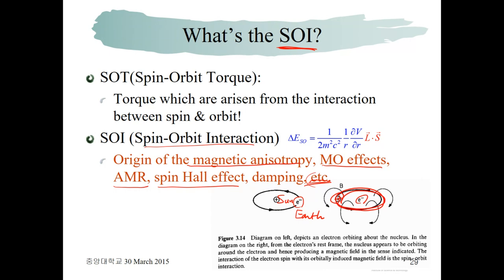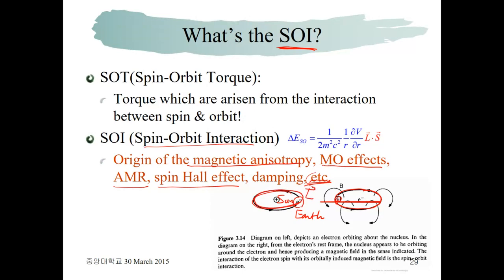So this positive charge motion can generate a magnetic field, right? So this electron feels some kind of magnetic field because of this motion. This motion is actually the reciprocal of the electron's own motion.